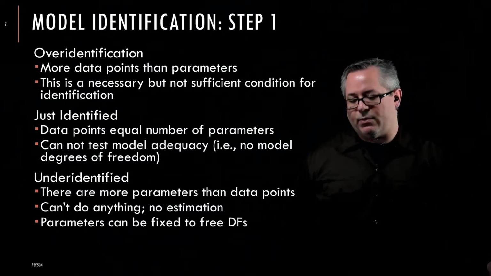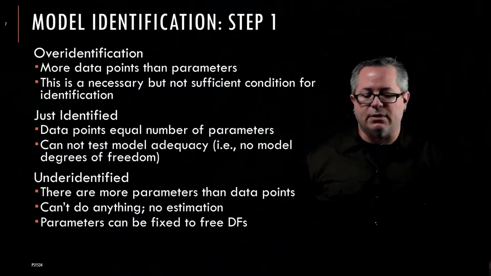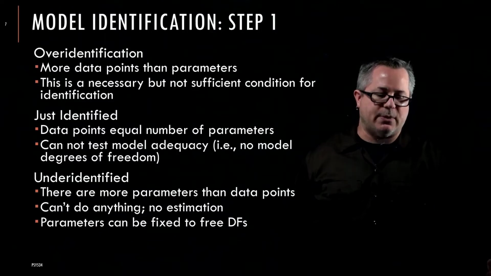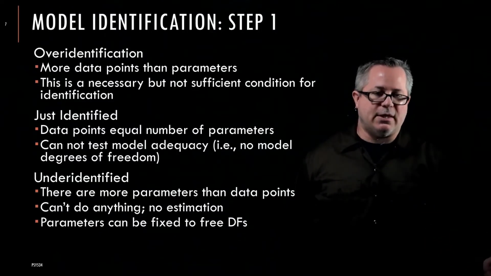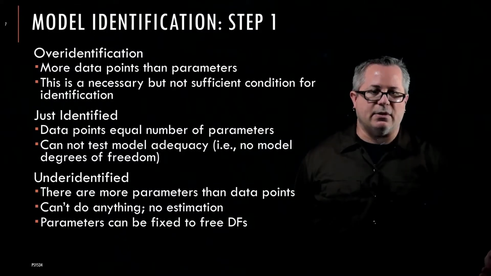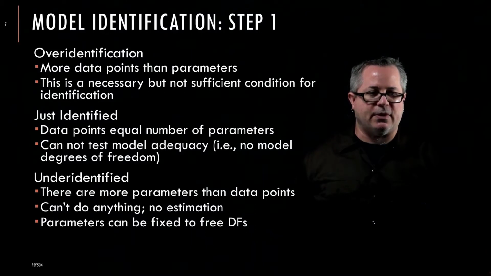I have 10 data points, but I'm only estimating them with 8 parameters. Okay? So you're trying to reduce the amount of parameters you have to estimate in order to cover all the variances and covariances. Then you have just identified, which means that the data points and parameters are the same. They are the same number.